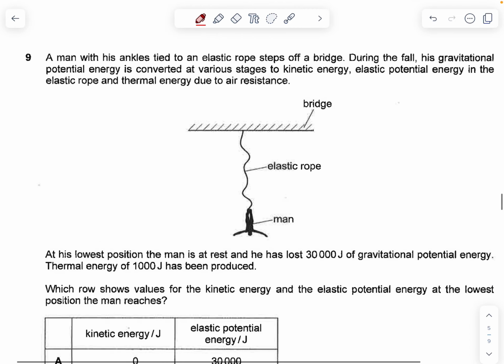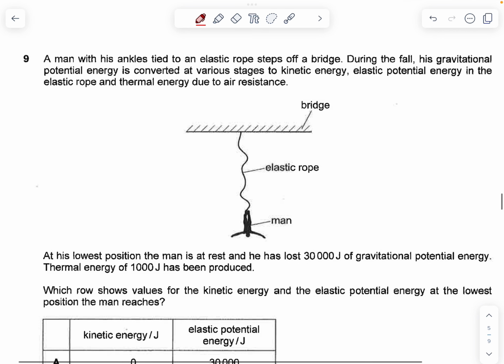Question 9. A man with his ankles tied to an elastic rope steps off a bridge. During the fall, his gravitational potential energy is converted at various stages to kinetic energy, elastic potential energy in the elastic rope, and thermal energy due to air resistance. At his lowest position, the man is at rest.